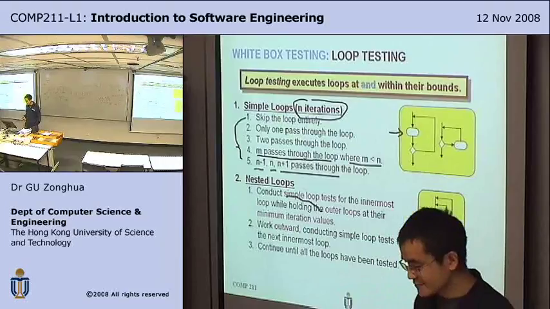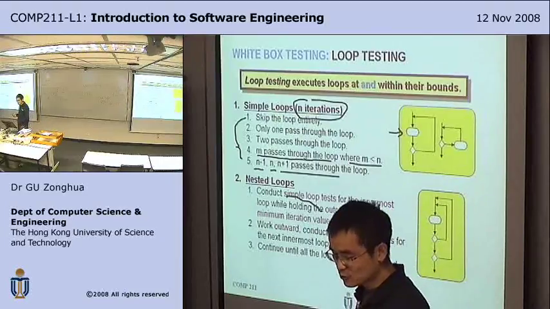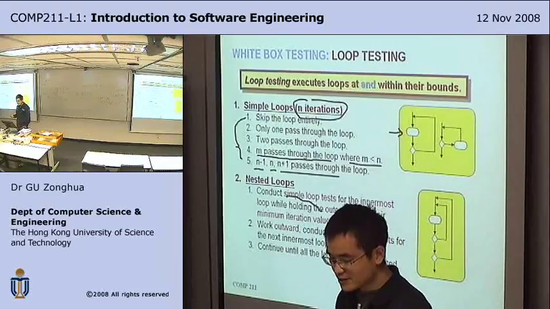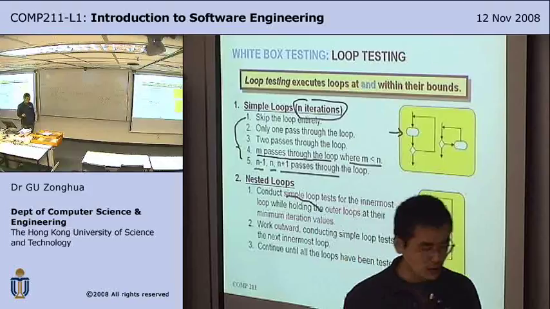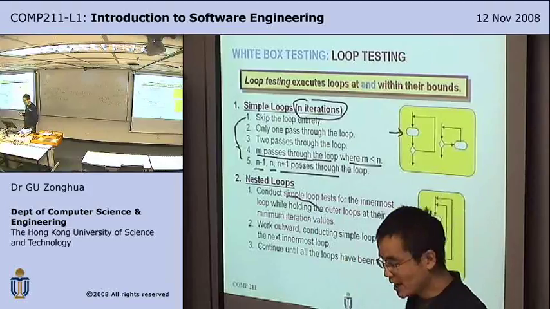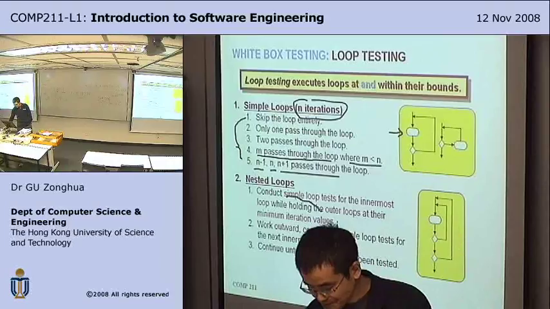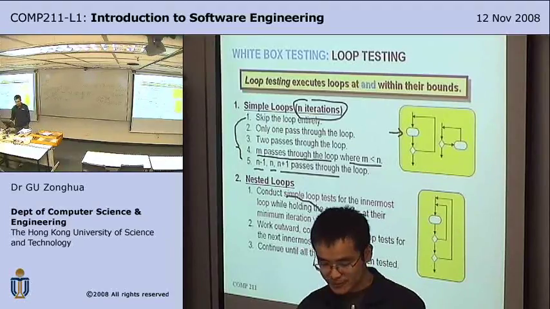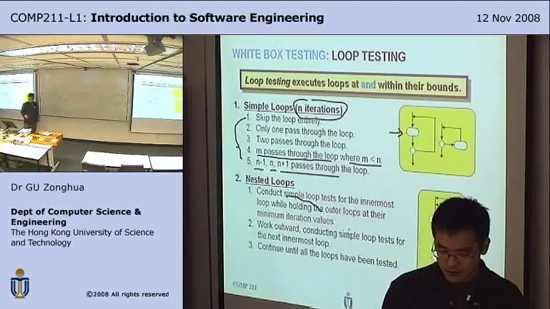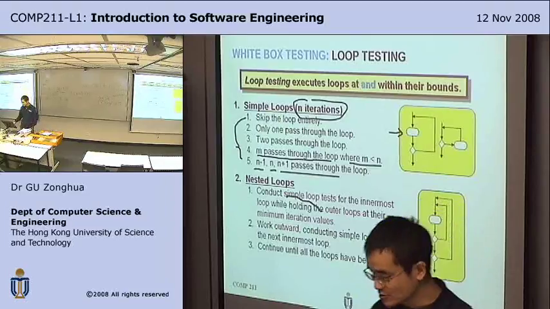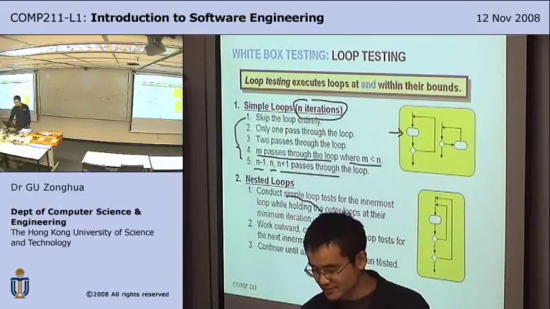So that is, if you have a for loop of i equals 1 to 100, and an inner for loop of j equals 1 to 100, then you hold i equal to 1 while testing the inner loop. And then work outwards, conducting simple loop tests for the next innermost loop. Continue until all the loops have been tested.